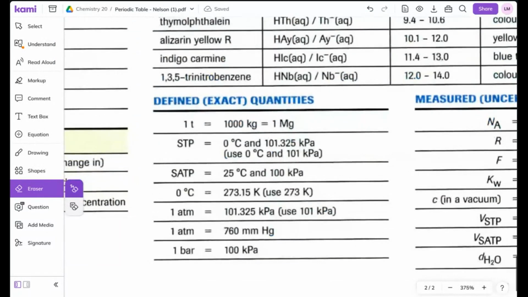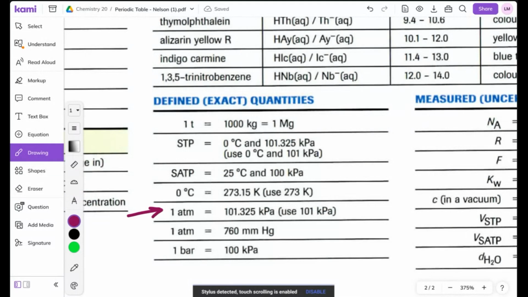And it'll tell you, right here, 1 atmosphere is equal to 101.325. It does say use 101, however, we're not going to use 101 kilopascals. The reason being is you always want to use the number that has more digits in it so that your numbers, when you're calculating them, are more accurate.